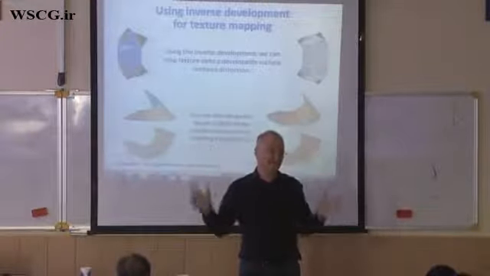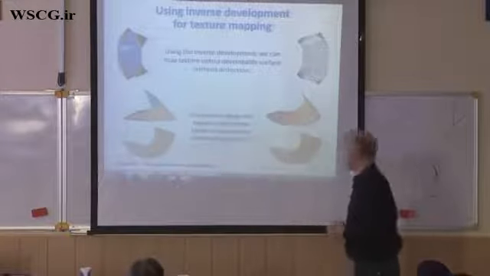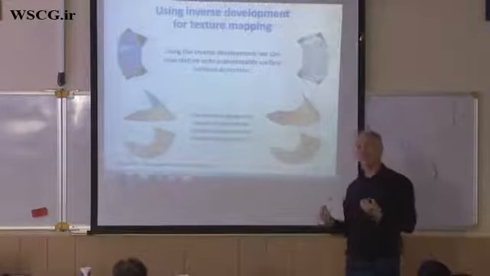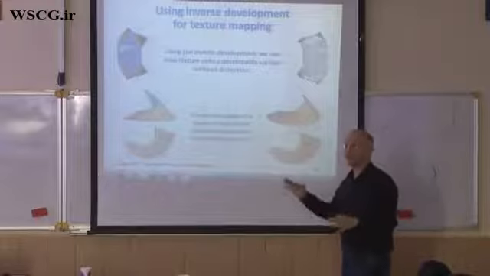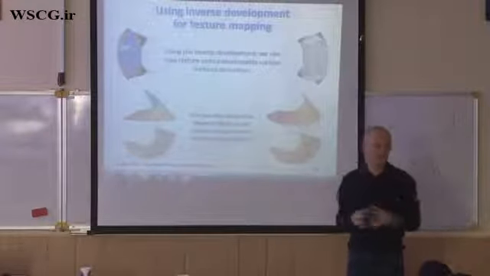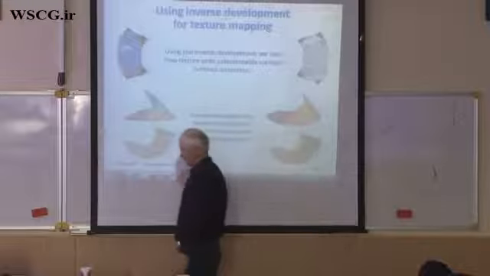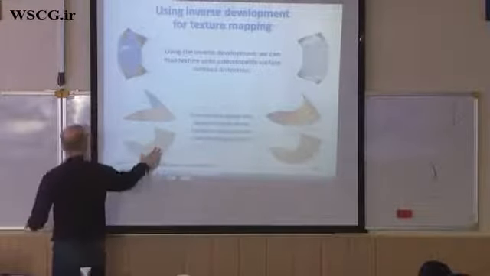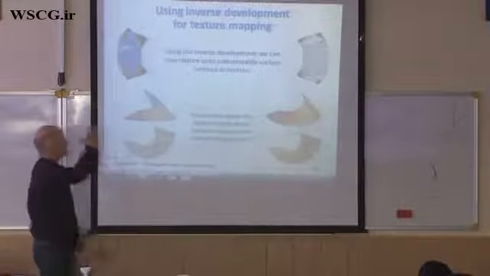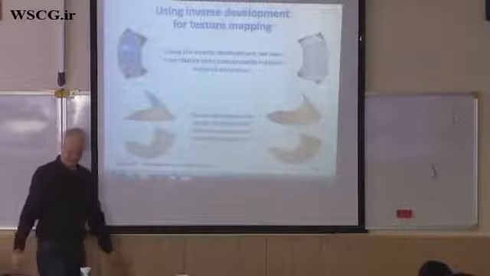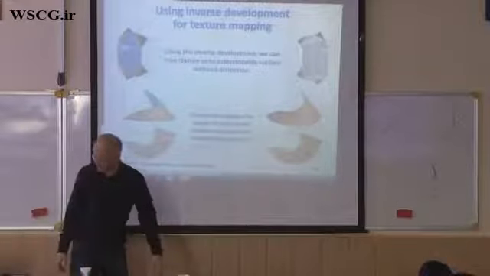I could tell you many things about it, but I think it's too much. It aims at computing maps to a plane which have minimal distortion, and then you put your texture pattern in the plane and map it back. But I just want to make the point that for developable surfaces, obviously this is super easy.